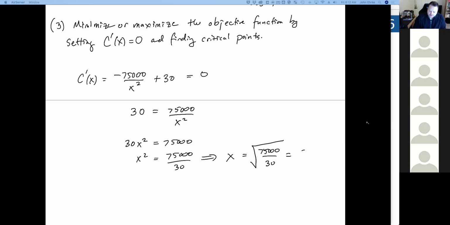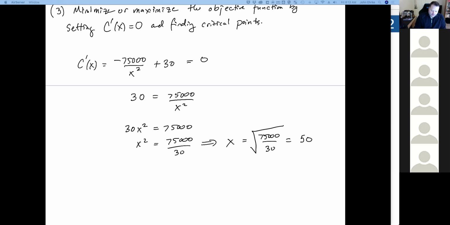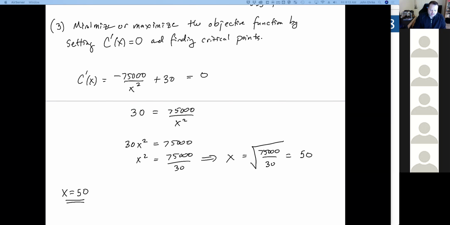So x here is 50. All right, so if I know x is 50, all I know at this point is that x equal to 50 is a critical point. I don't know whether it's a maximum or a minimum.